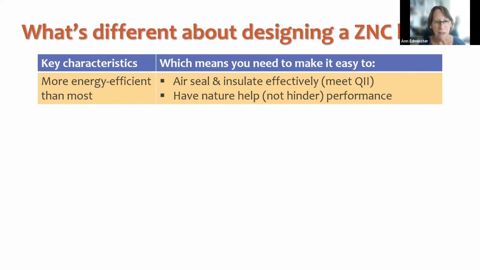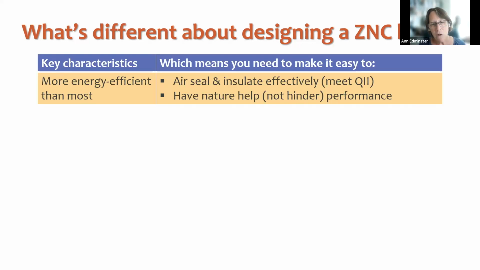That sounds like, oh, of course, but actually our workforce is still not very capable in the air sealing department, particularly. And I'm still not seeing terrific execution on insulation either in the field. So that's something to focus on.